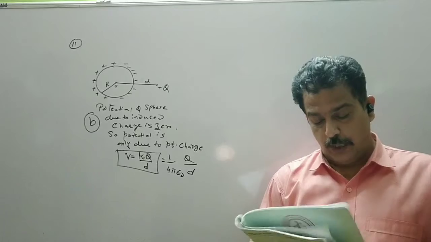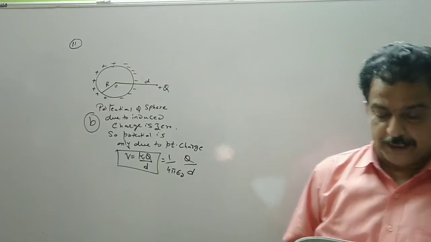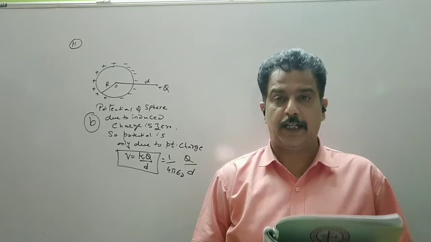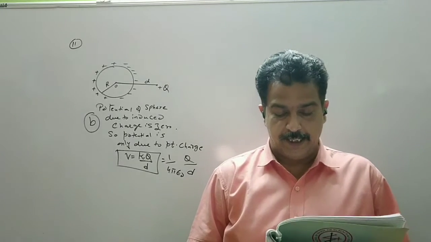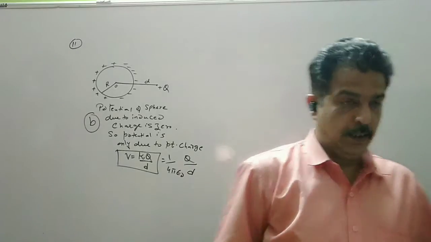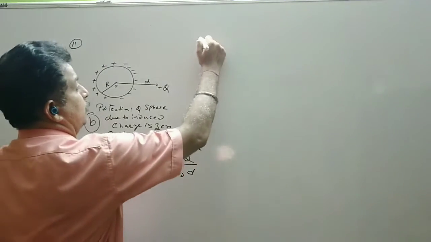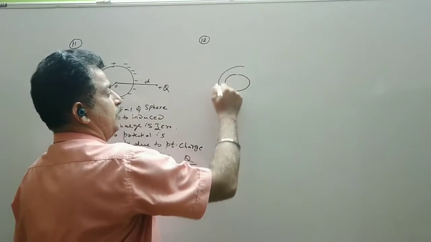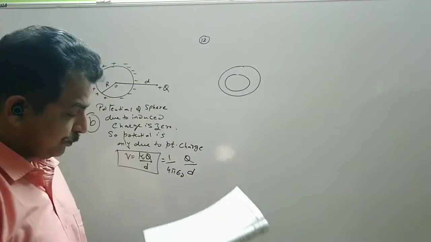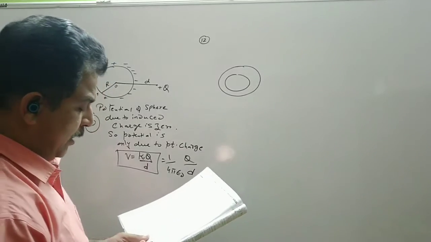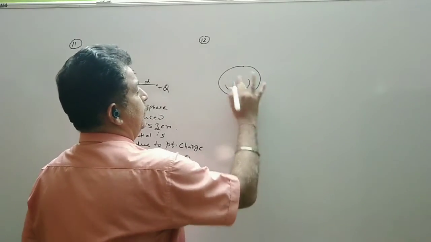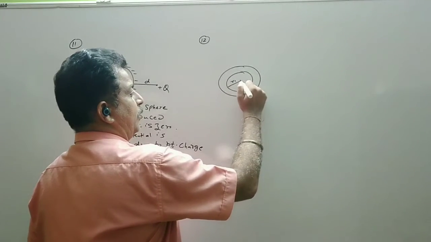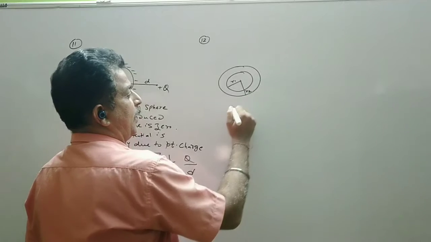Now MCQ number 12. Two concentric uniformly charged spheres of radius 10 cm and 20 cm are arranged as shown in the figure. So now we have two spheres kept concentric to each other. Say this is sphere 1, this is sphere 2. The radius of the inner sphere is R1 and the radius of the outer sphere is R2.